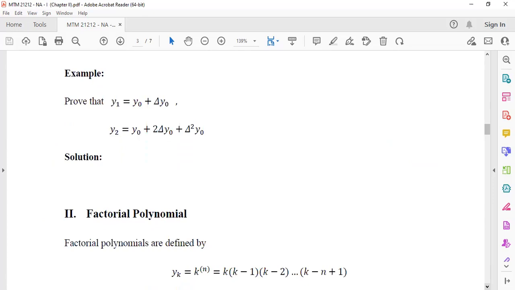Let's do this example. Can you write down this example?